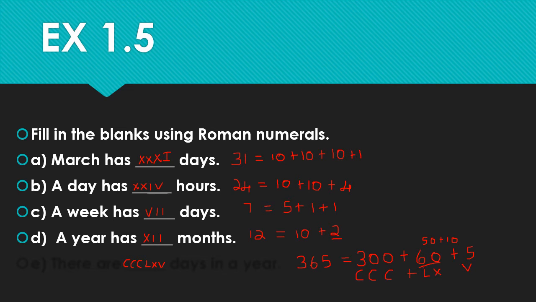So now how will you write this? 10 you can represent as X. Then 2 we don't have. We have the symbol for 1. So you can write 1, 1, I I is 2.